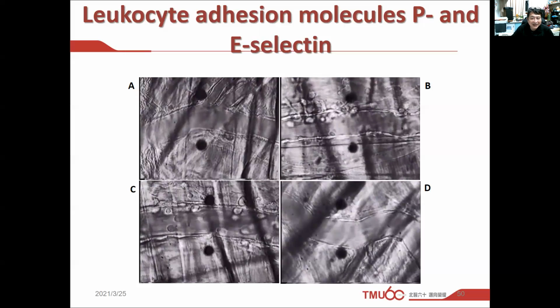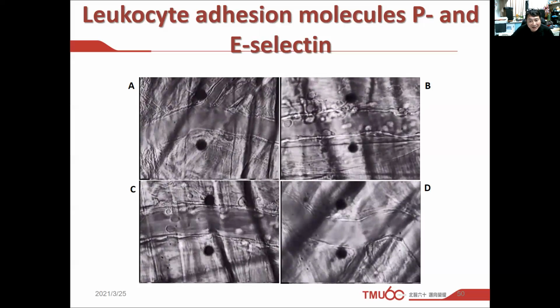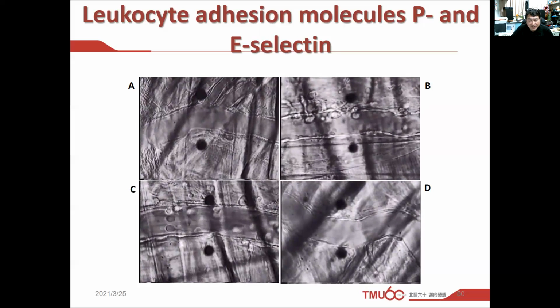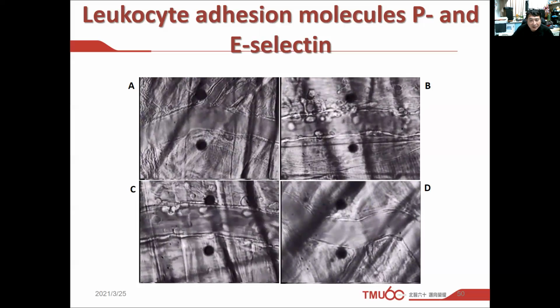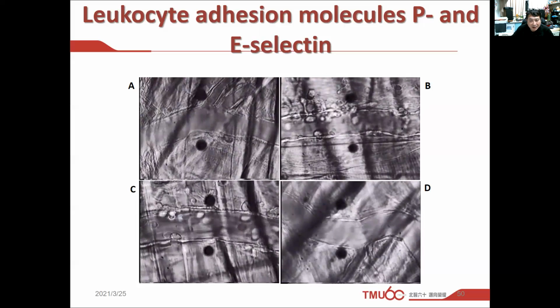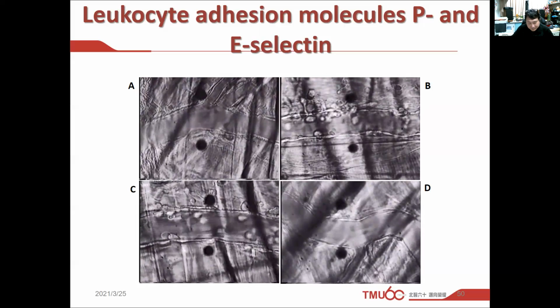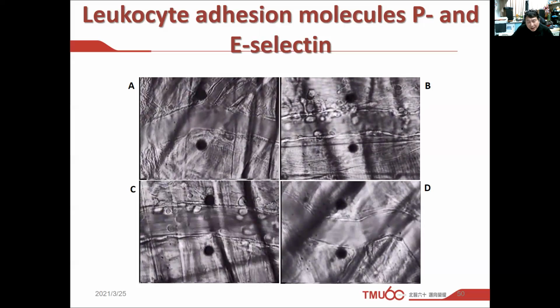Okay, and figure D is a mouse which knocks out P-selectin and E-selectin. We lost 2 selectin molecules. The leukocytes are capturing very fast and rolling slowly. However, these transgenic mice still did not have the symptom at all.